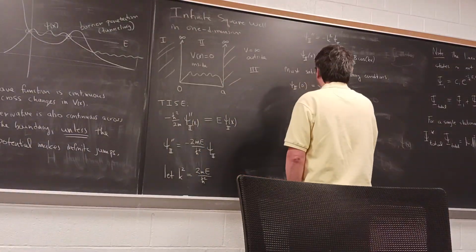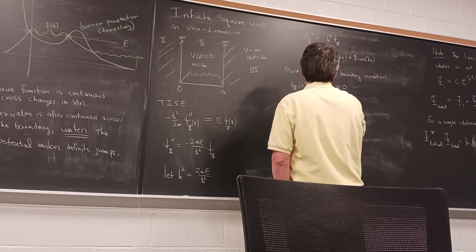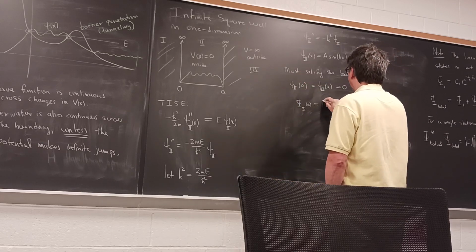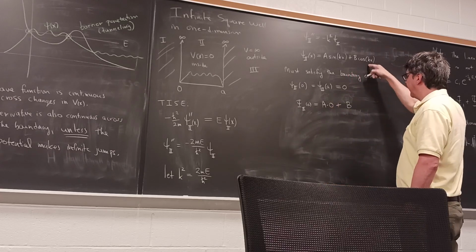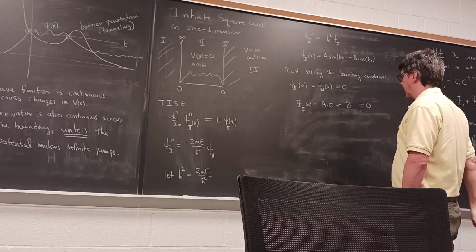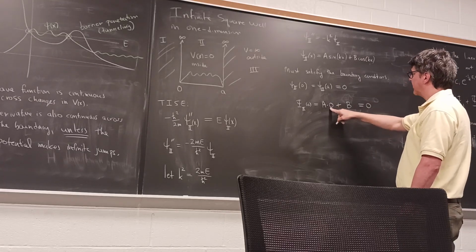Okay, so if we take psi 2 at 0, that will be A times 0 plus B, since cosine of 0 is 1. And this equals 0. So we don't get any information from A here because we multiplied it by 0.